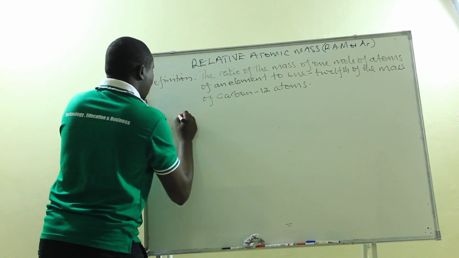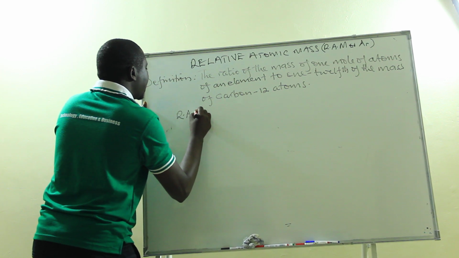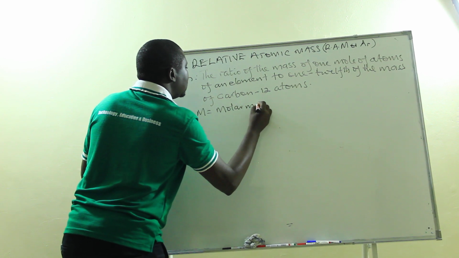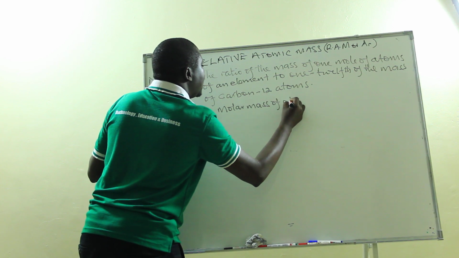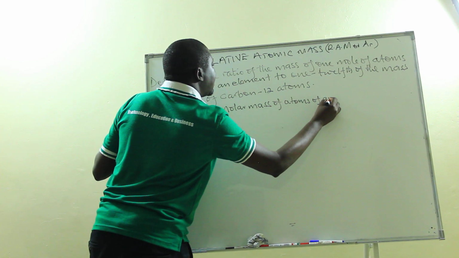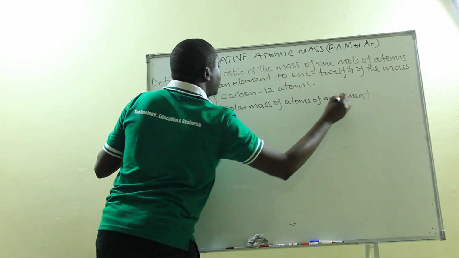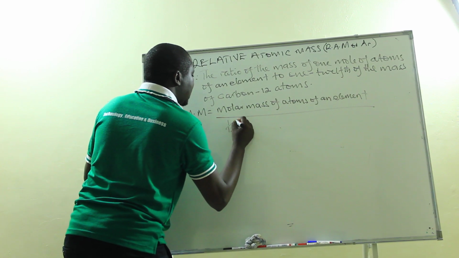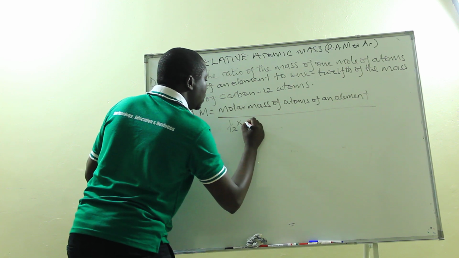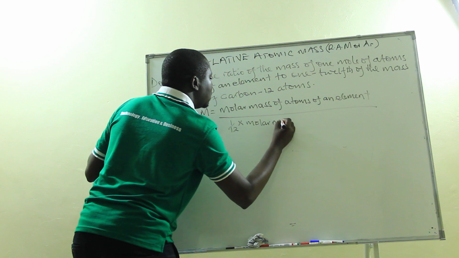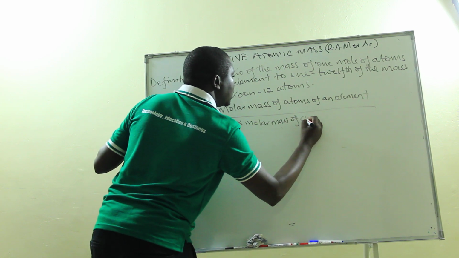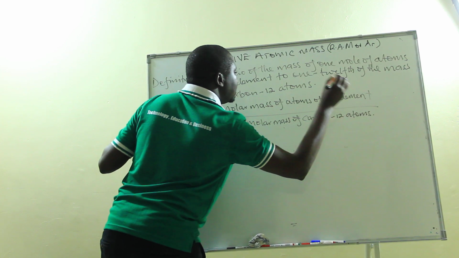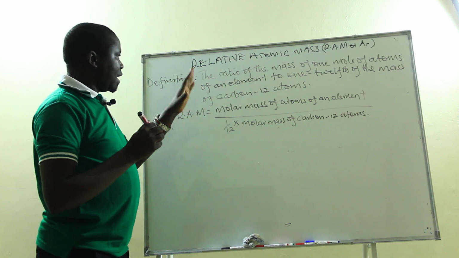And for the sake of simplicity, relative atomic mass is given by the molar mass, or the mass of 1 mole of atoms of an element, over, it's a quotient relationship, 1/12 times the molar mass of carbon-12 atoms. So this is what we call relative atomic mass.